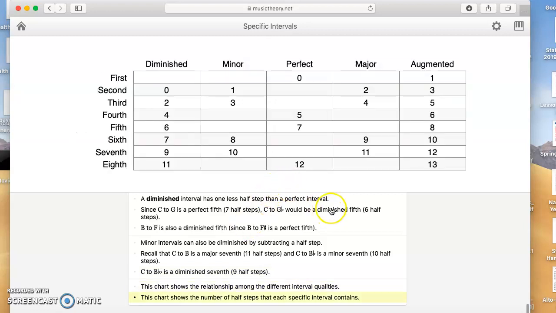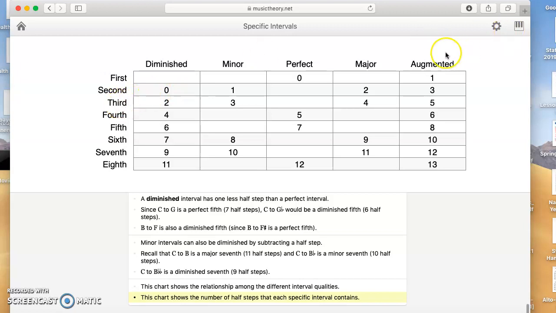And I want you to check out this chart. This chart has the number of half steps and then the generic names of the intervals and the specific names of the intervals. So if there are 3 half steps, it's going to be a minor third.